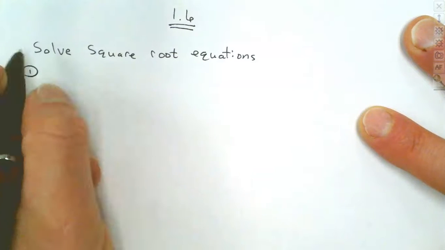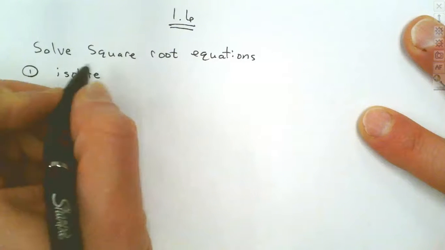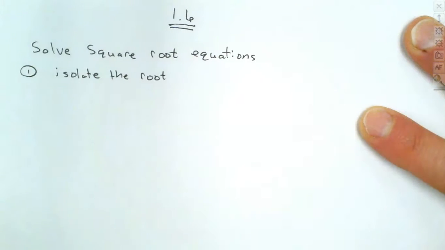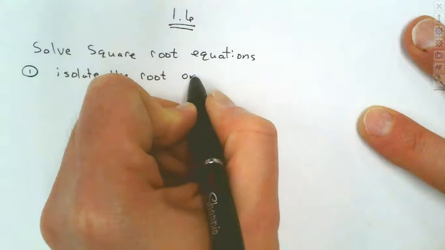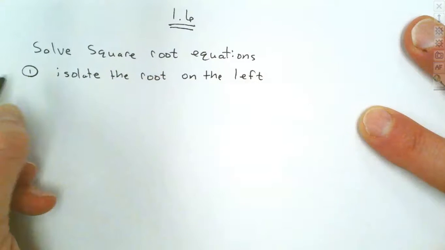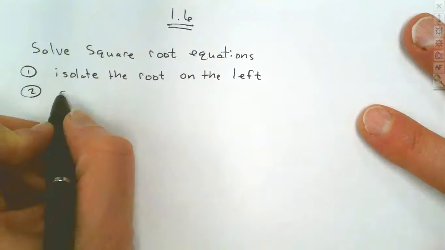Step number 1 is isolate the root. And usually we'll put that root on the left. Step number 2, we're going to square both sides.